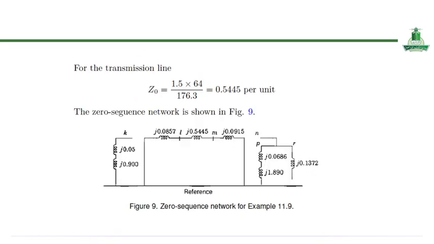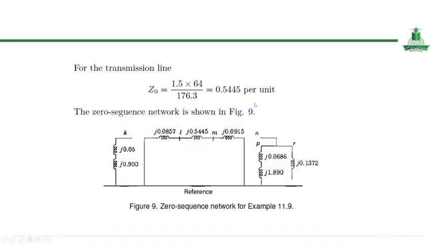Okay, this is the final slide. Complete the zero sequence modeling by calculating the transmission line reactance and assembling the full zero sequence network. First, the zero sequence impedance of the transmission line is converted into per unit using the given base values, resulting in Z0 equal to 0.5445 per unit.